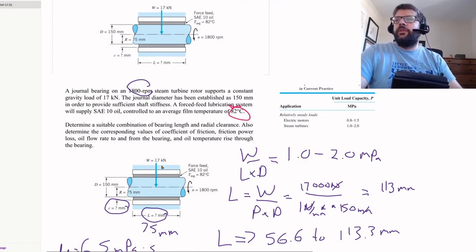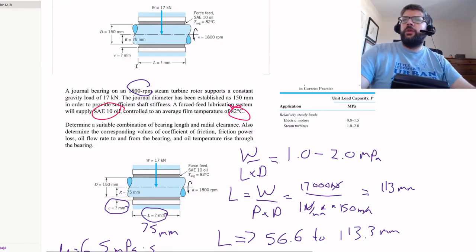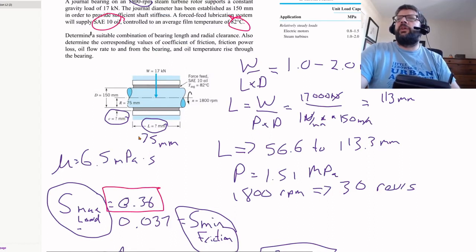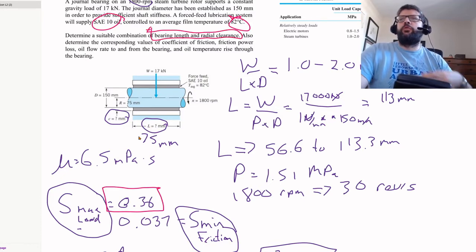So you could use different oil, you could use a different temperature, or what have you. But that would work. So we figured out what would be a suitable combination of bearing length and radial clearance. So a range of radial clearances, really.